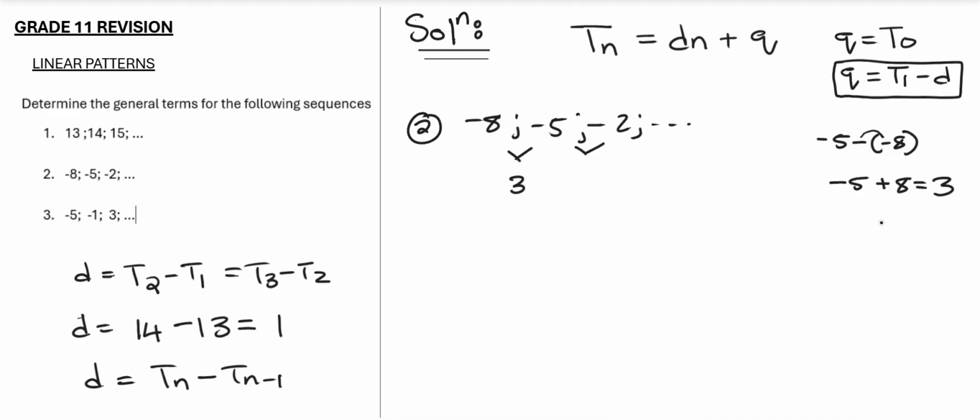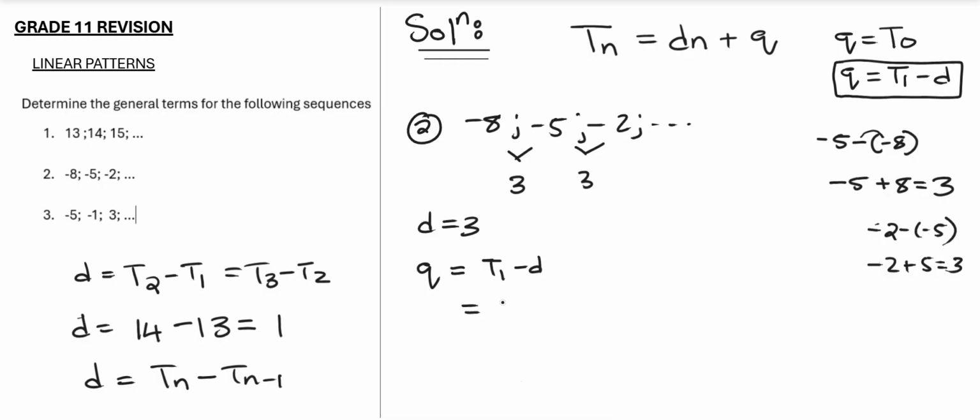So let's see for the second one now. Minus 2 minus minus 5 is minus 2 plus 5, which is still giving us 3, telling us that indeed we have a common difference between our terms. Now let us find our value of Q. We already know that D is equal to 3, and Q is going to be equal to T1 minus the difference, which is minus 8 minus 3.